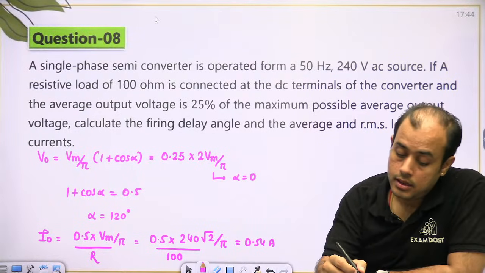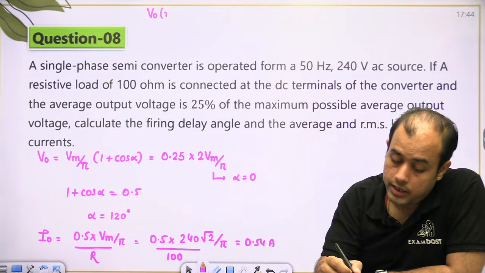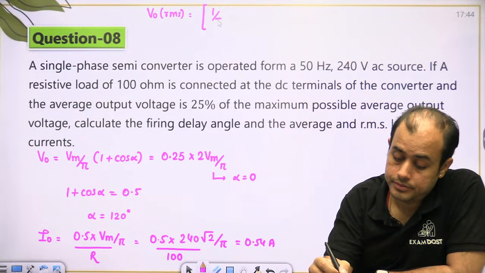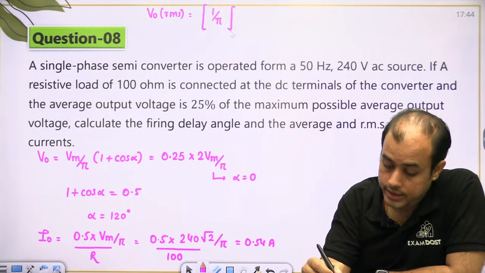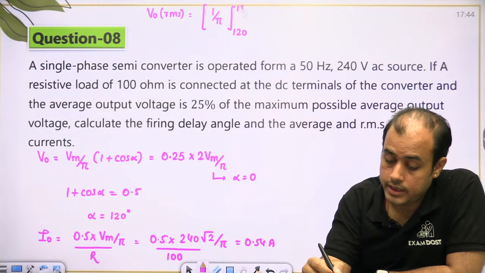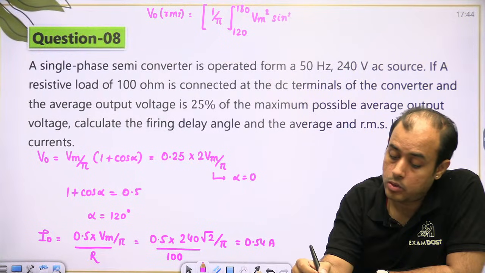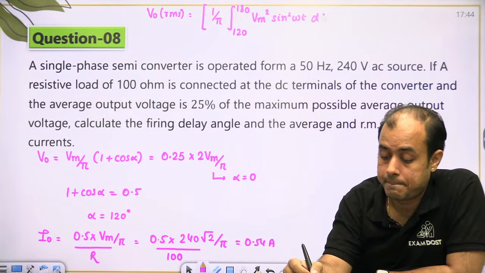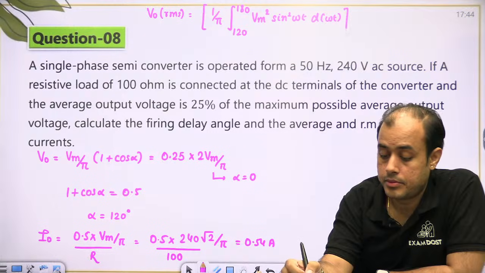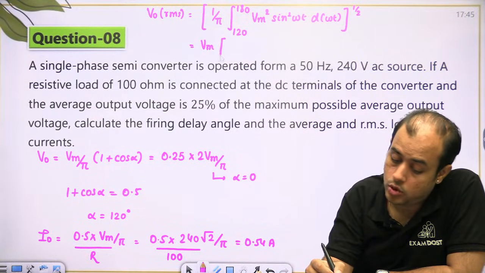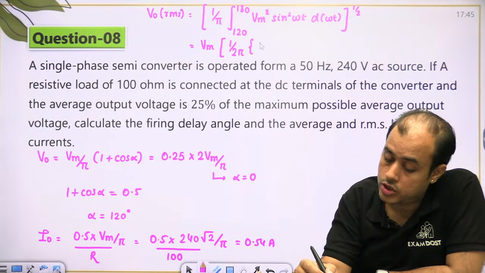Okay. Now what about V0 RMS? I will integrate from 120 to 180. M square sine square omega t. Sine square is 1 minus cos 2 omega t by 2. So integration of 1 will be 60 degree or pi by 3.